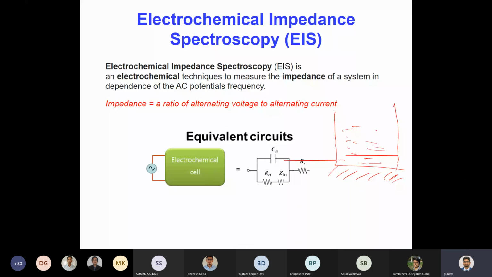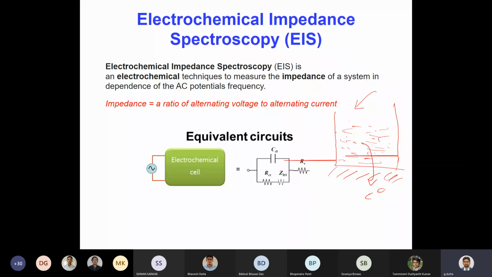You have some solution. In impedance spectroscopy, generally we use a redox couple. It means your solution should have some electron flow from the solution to the surface. Then only can you measure how conductive the surface is or not.